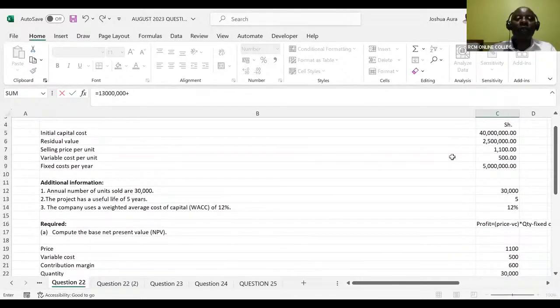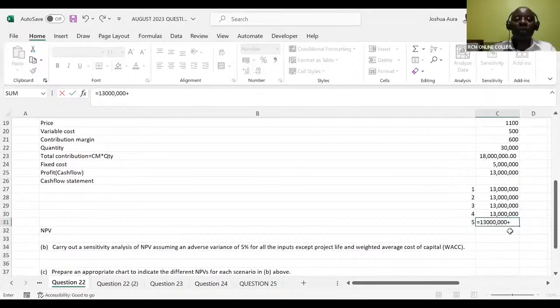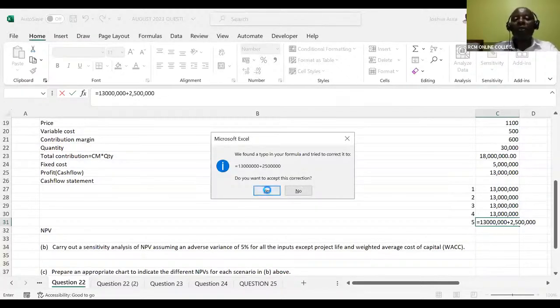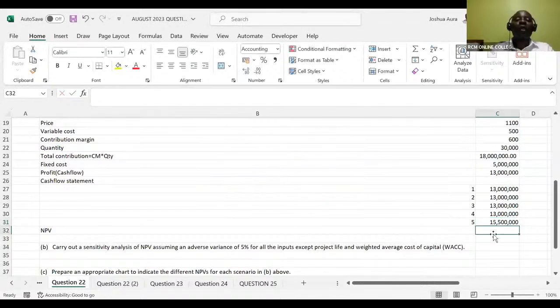It is here, residual value is 2.5 million. So go back here, residual value, you add here. It is 2,500, like that. You say enter, no typos. So 15.5, like that.